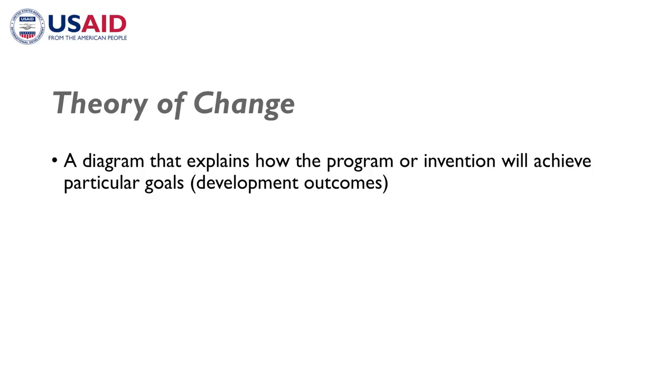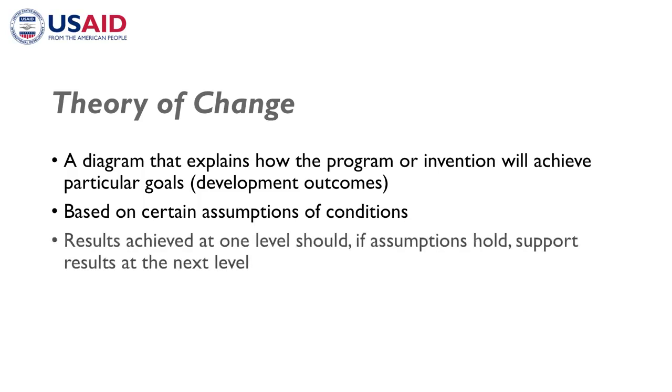This theory of change is often based on certain assumptions about how the world works and the ways that particular activities and contextual conditions will lead to the outcomes and development outcomes and impact of our work.